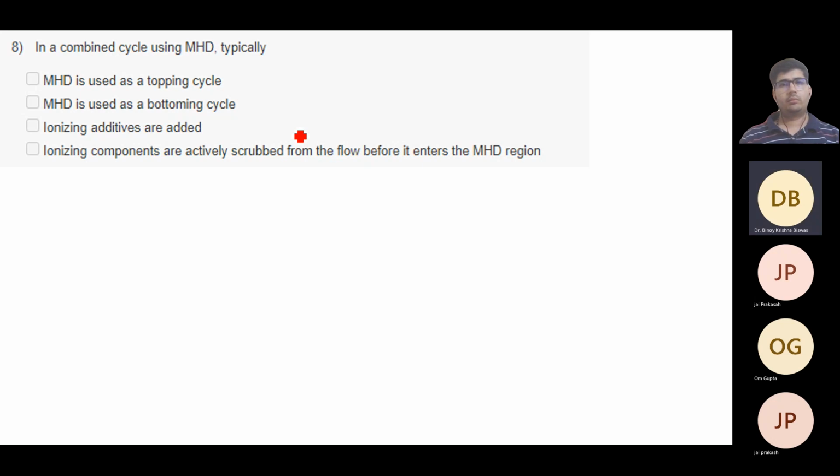Sir, option 2 is right. MHD is used as the bottoming cycle. Okay, MHD is used as a bottoming cycle. Yeah, it seems correct. Is it so? I'm checking, sir. Okay, because we are having two options, topping and bottoming cycle. Try to recall the slides we have covered.